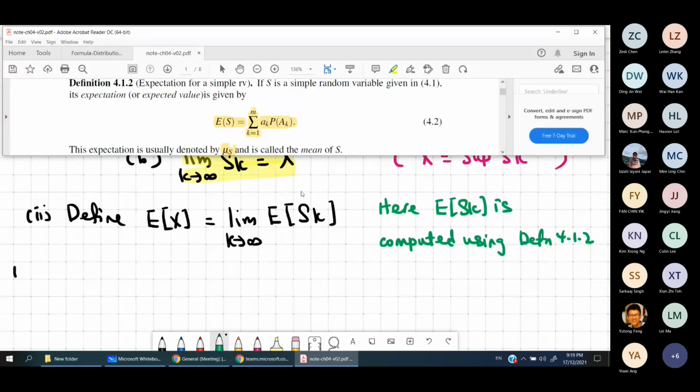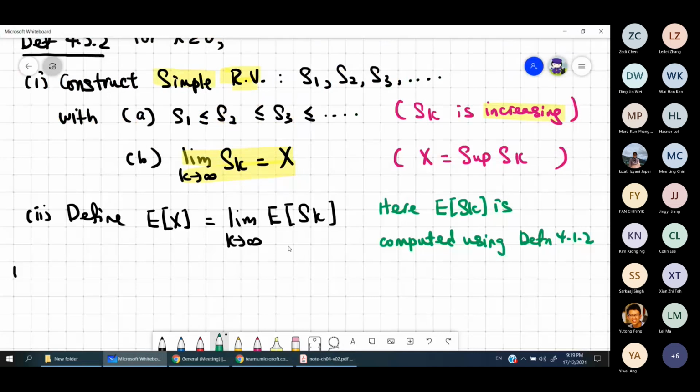That means we can compute the expectation value for all the Sk, and then we take the limit, and that will be our EX. This is how we define the expectation value for a non-negative random variable.